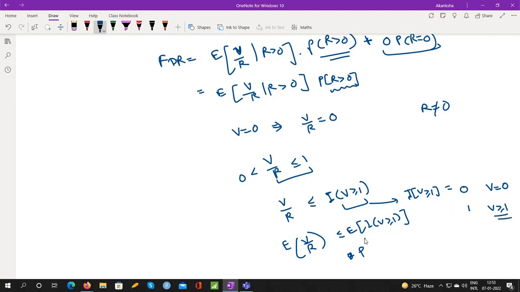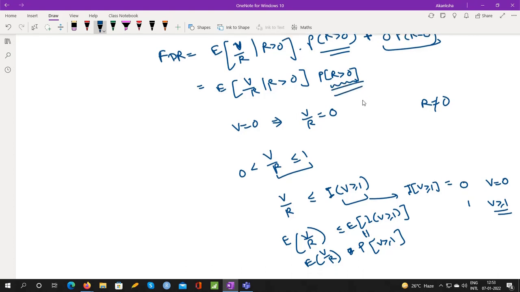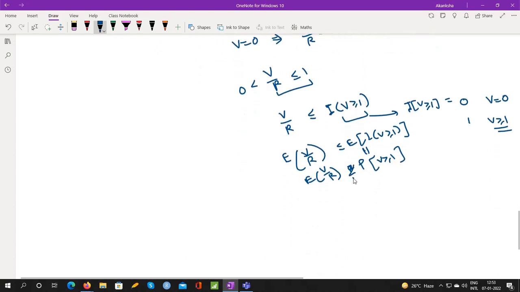So this expectation is actually the probability of V greater than or equal to 1, and here I already have the expectation of V by R. In this scenario I know that this is FDR and this is FWER. So FDR is always less than or equal to FWER.